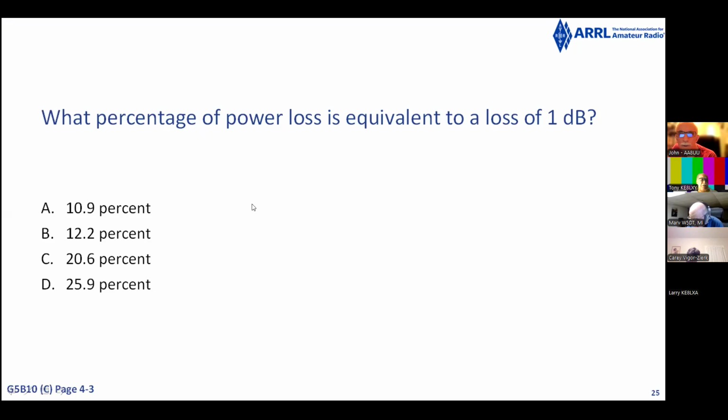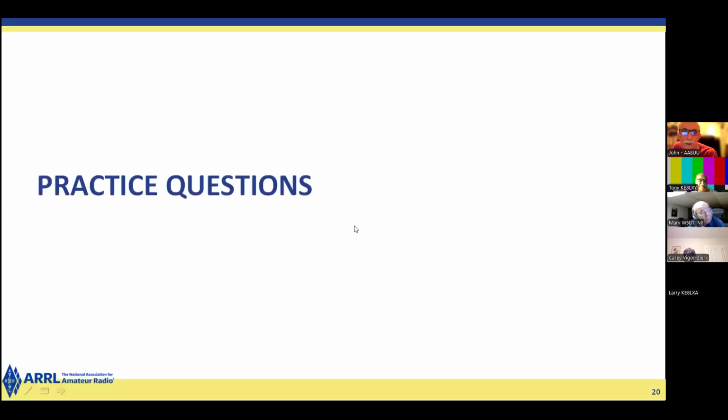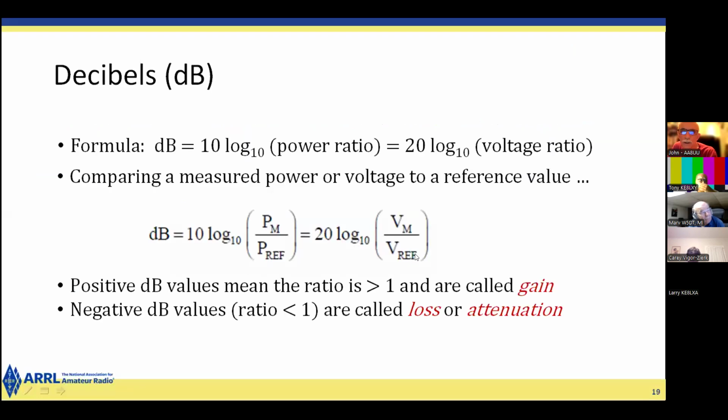Would it be better if we went up there? Because it's -1. This is where I miss this chalkboard, because I hate to just point to all this stuff. I'd rather go to the example they had here in the book. Here you go. They're saying it's a -1 dB, and they want to know the power ratio.